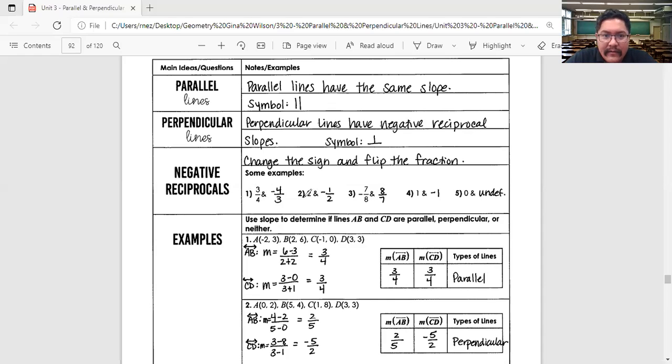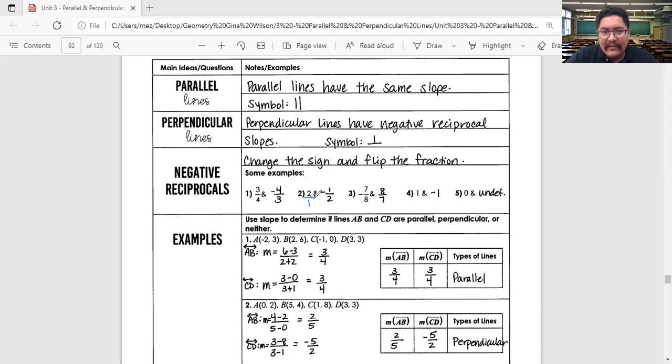And then over here, what do you do if there is no fraction? Now, actually, we've seen this one before. Remember how I had a slope of 2 on one of them, and I said you can write it as a fraction? Well, yeah, you can. You can write it as 2 over 1, because 2 divided by 1 is still going to be 2. So you're not actually changing the value.